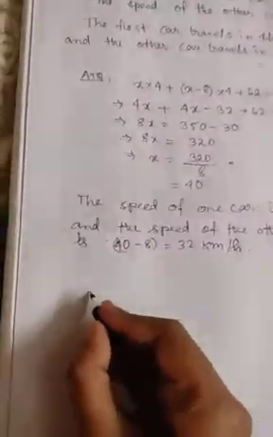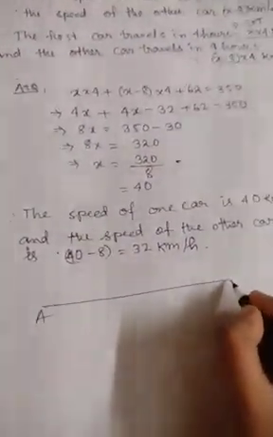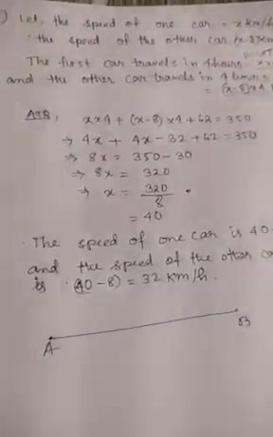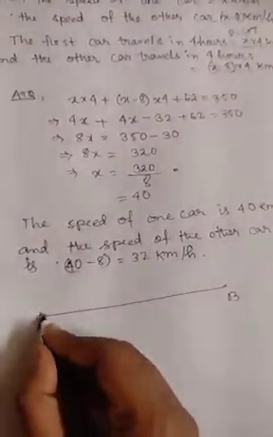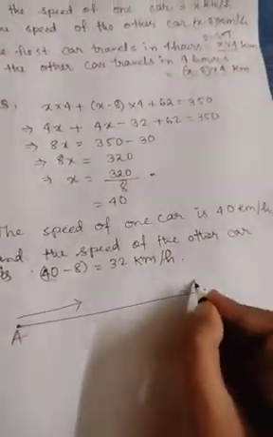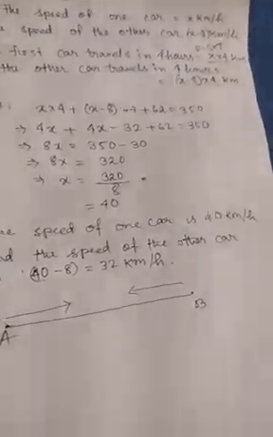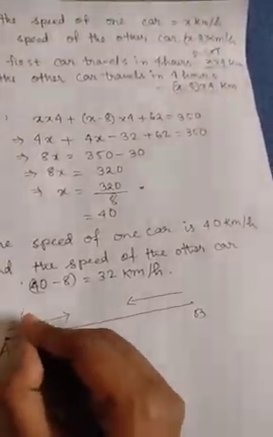Now I am showing you one diagram. This is point A and this is point B. This is the first car and this is the second car. These two cars have started traveling towards each other. Both have traveled 4 hours.